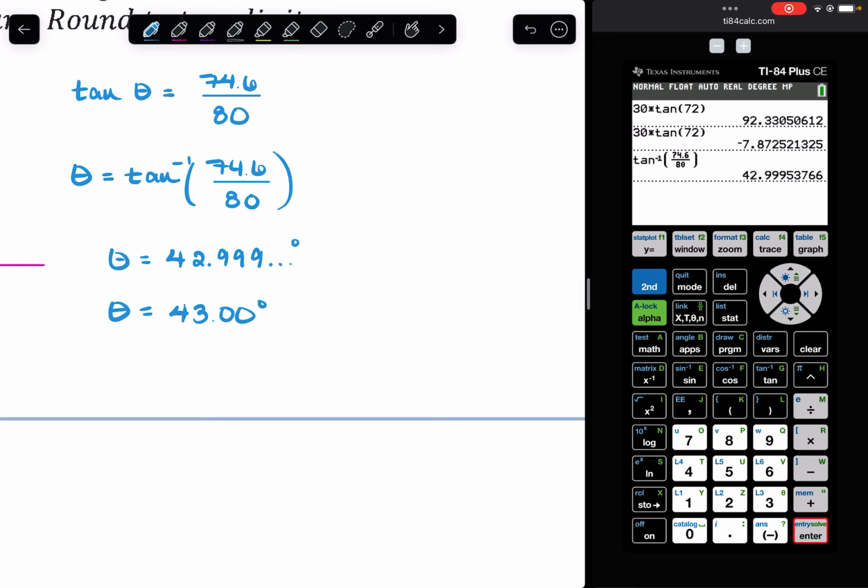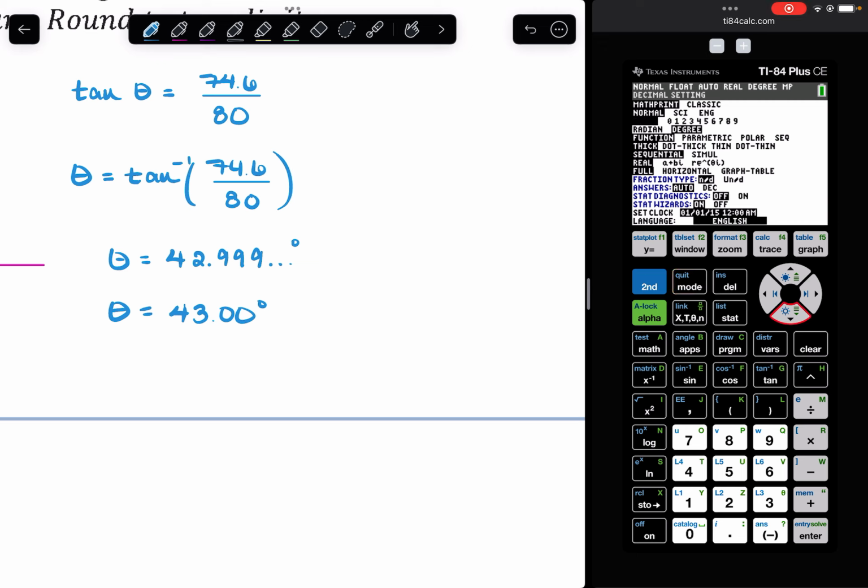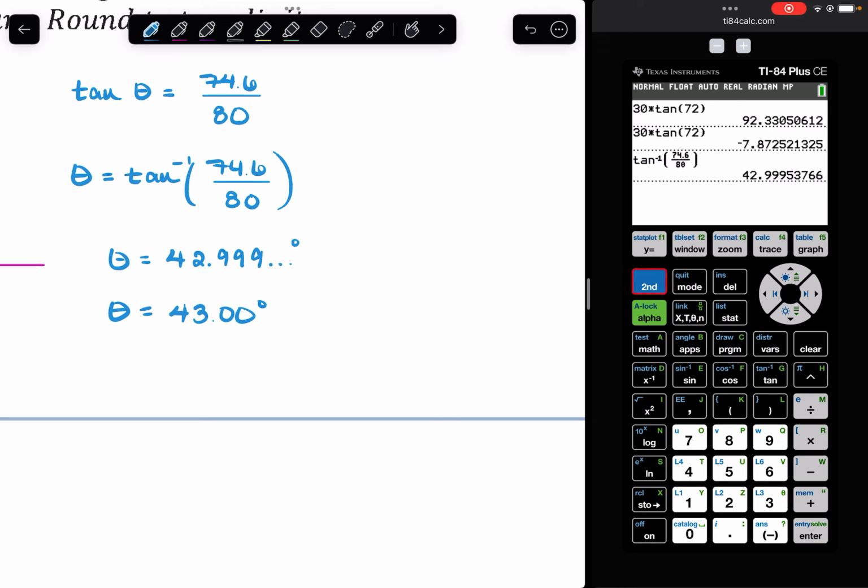All right, as far as radians go, I'm just going to change my mode. So you actually could do this two ways. You can either just change your mode, or you could just convert it. So I'm going to change my mode. All right, second quit. And then I can just retype.